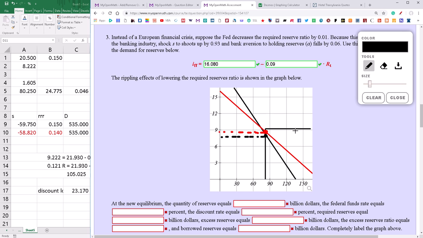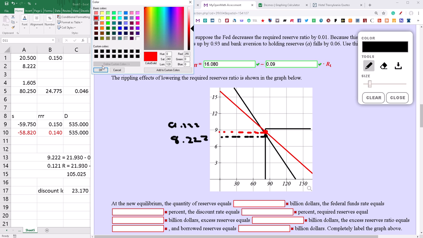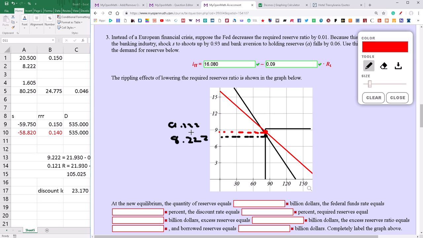Okay. We know what it is on the original demand curve, 8.222. And we know the discount rate is 9.222. What we need to do is find out what the new federal funds rate is. So we don't know what the new federal funds rate is, right?